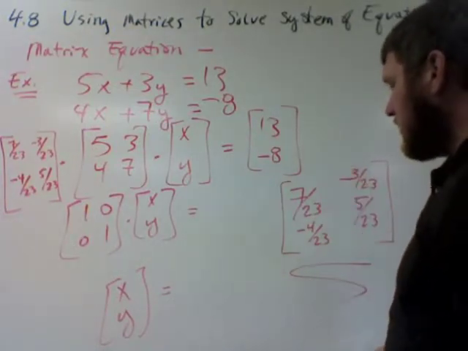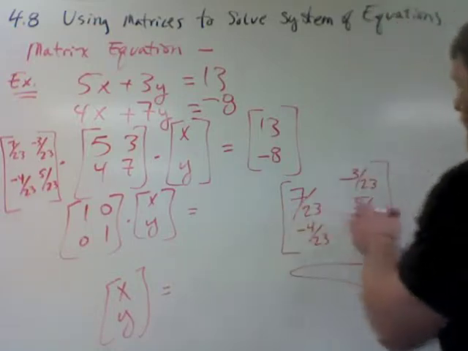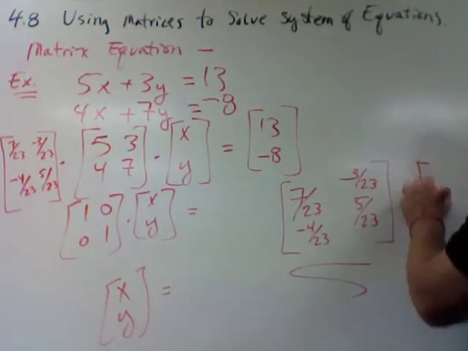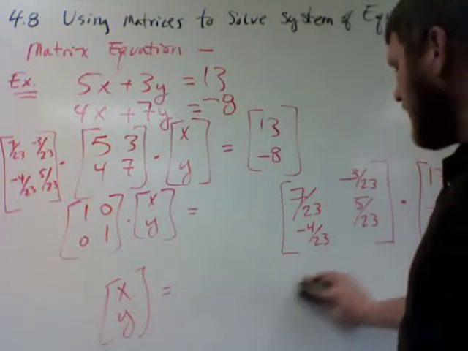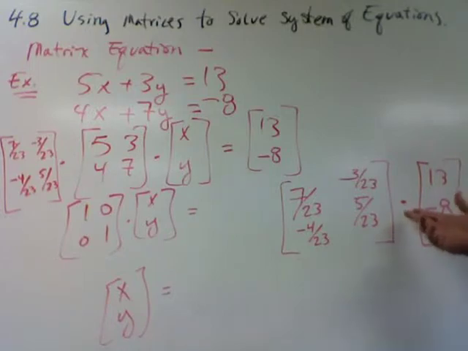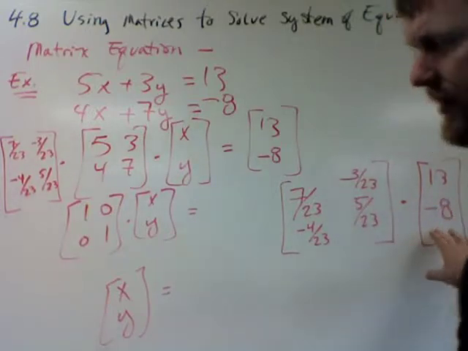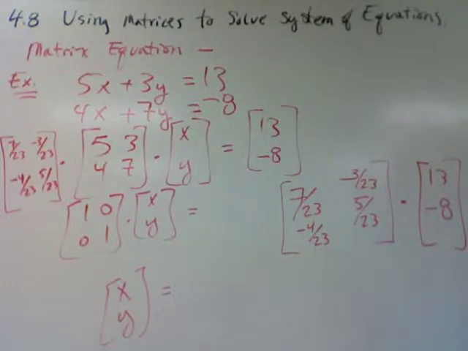Okay, so what I need to do is take this matrix times the solution matrix. I need to write it exactly like this: I need to have this matrix first and then this matrix. All right. Row times column. Oh boy. Row times column.